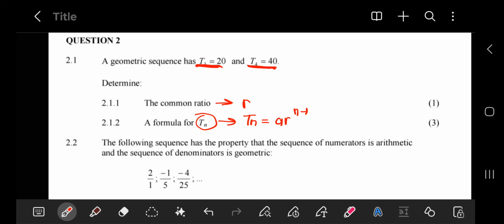In order to get the formula, not only do you need R, but you also need A. So the problem here is that we don't actually have A, but we can calculate it. Since we know what term 3 and term 4 is, as well as the common ratio, we can use that to get A, which, remember, A is term 1.